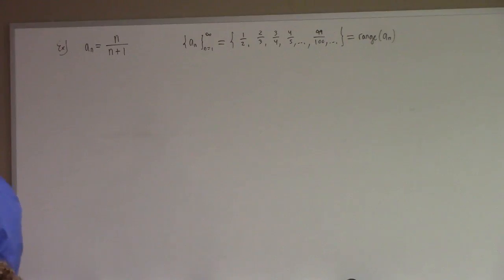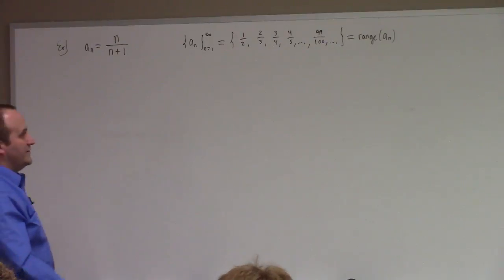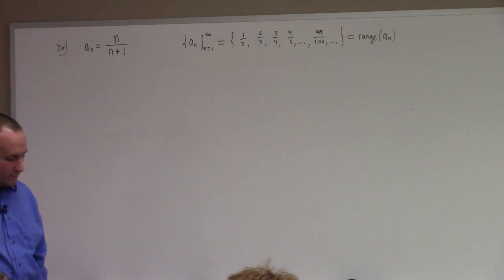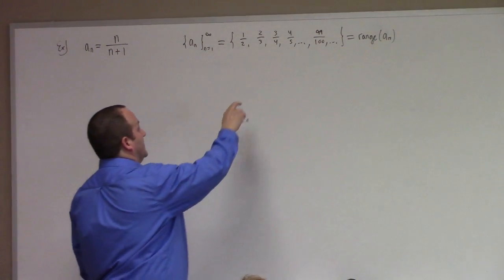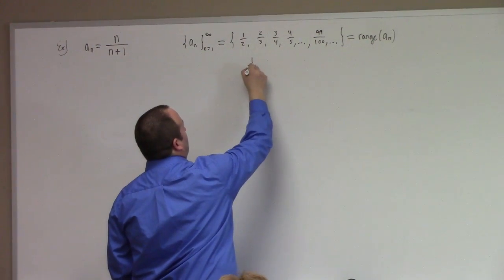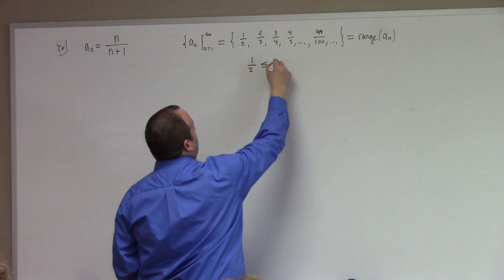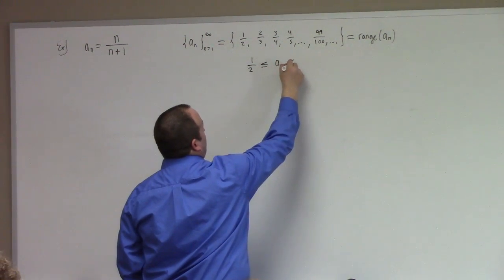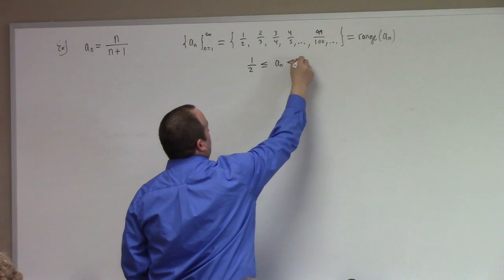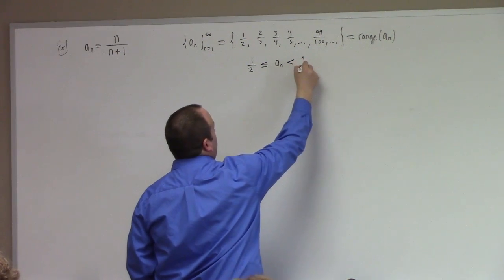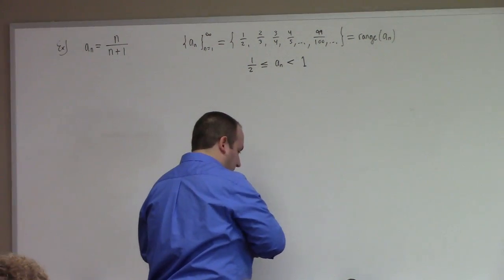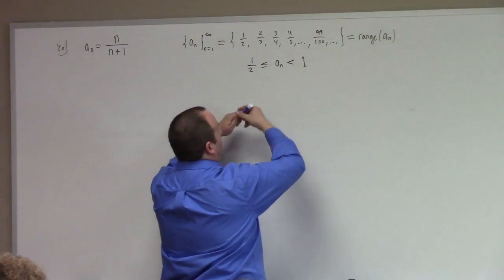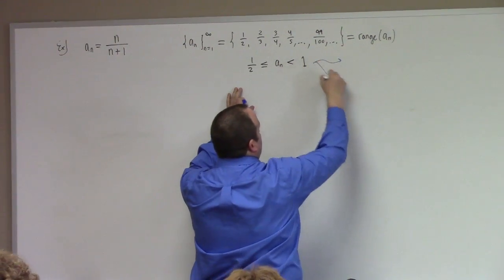So I'm setting aside this question for a second and going back to our question from last time. What are upper and lower bounds for this set, the range of the set of values? You can see it, right? 1/2 is less than or equal to a sub n, which is less than 1.